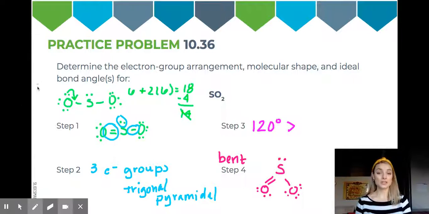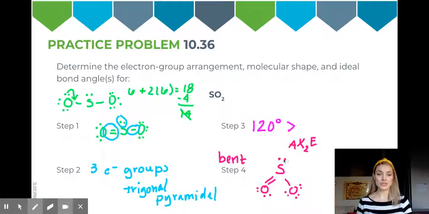So our molecular shape is the bent molecular shape because we have a VSEPR shape class of AX sub 2E. We've got 2 bonding groups and then 1 lone group, which means that we're going to have 1 lone pair, which is going to contribute to the bent shape. And again, you don't have to use a protractor or anything, but this is going to be a bond angle of less than 120 degrees due to the repulsion.